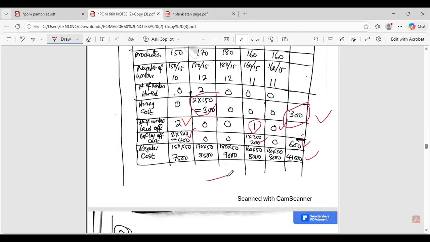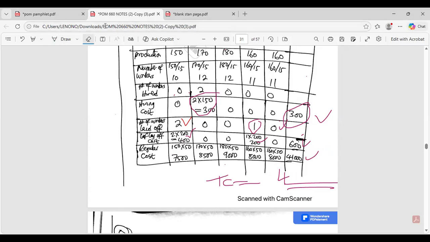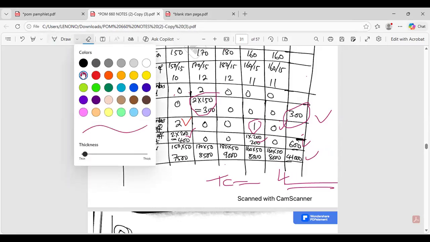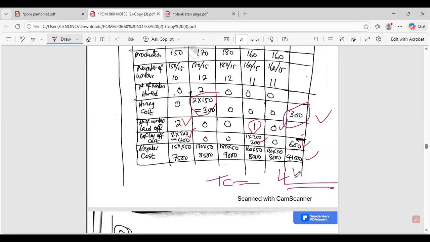So our total cost of this strategy will be what? You add now, and it will give us $41,900. Is it clear when you add this?